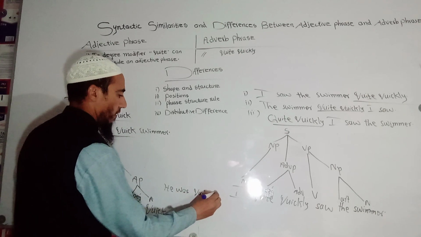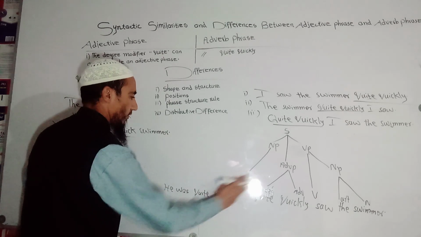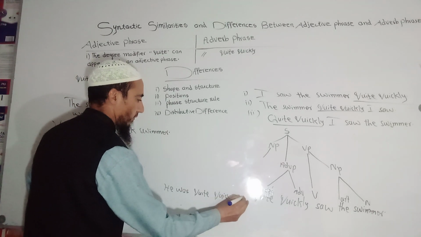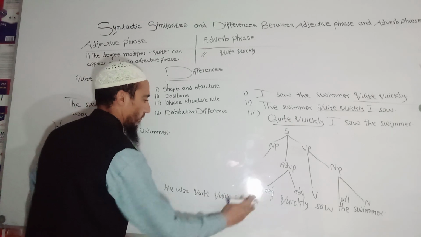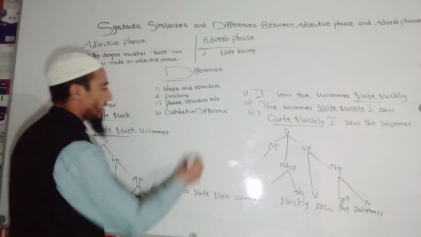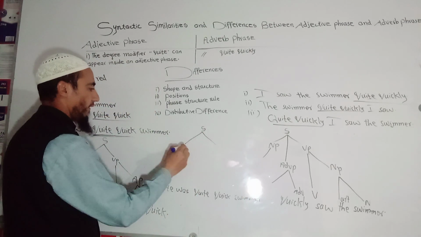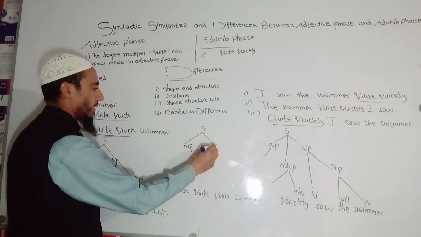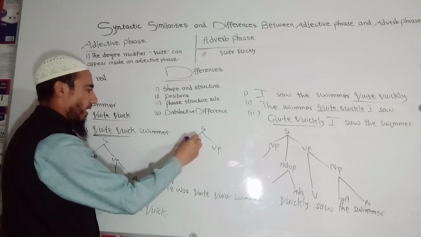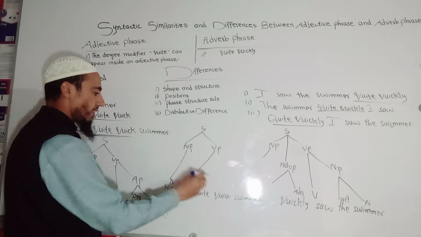See, that is the sentence, then we have NP and VP. After that, he is N, and was is V.